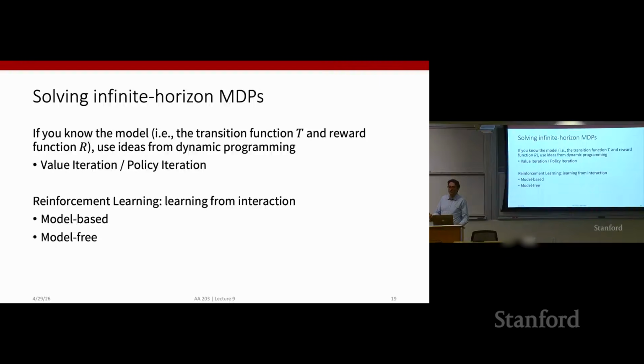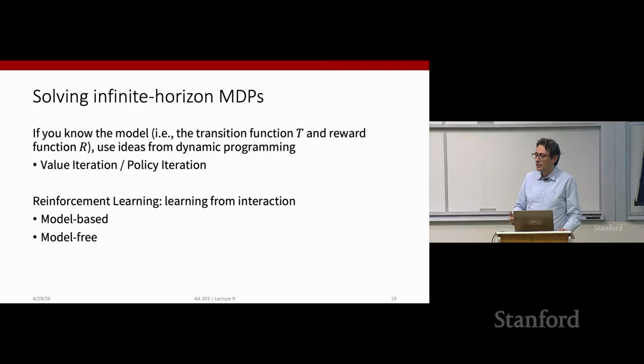Those methods are referred to as model-free. So in this class, we will cover both model-based and model-free methods. They have different pros and cons. We'll cover those in 2 to 3 weeks from now. But for now, we focus on the first setting, the one where all the problem data is known.